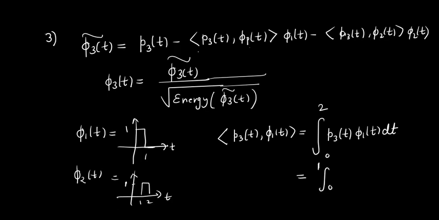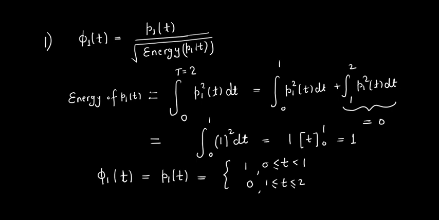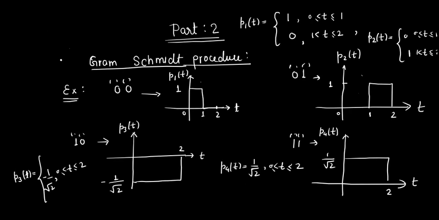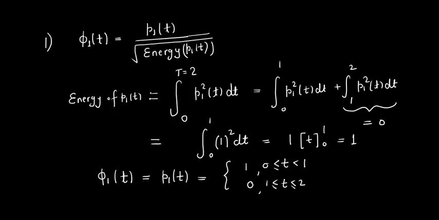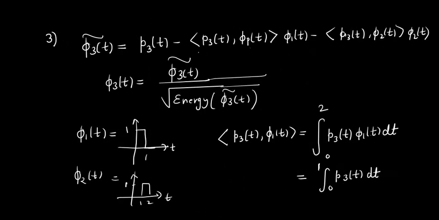So, from 0 to 1, if you multiply this quantity with something like this, you will have this. Okay? So, you have to see your p 3 t between 0 to 1, and it is minus 1 by root 2. So, minus 1 by root 2 integrated from 0 to 1 is equal to minus 1 by root 2. Please correct me if I am wrong.